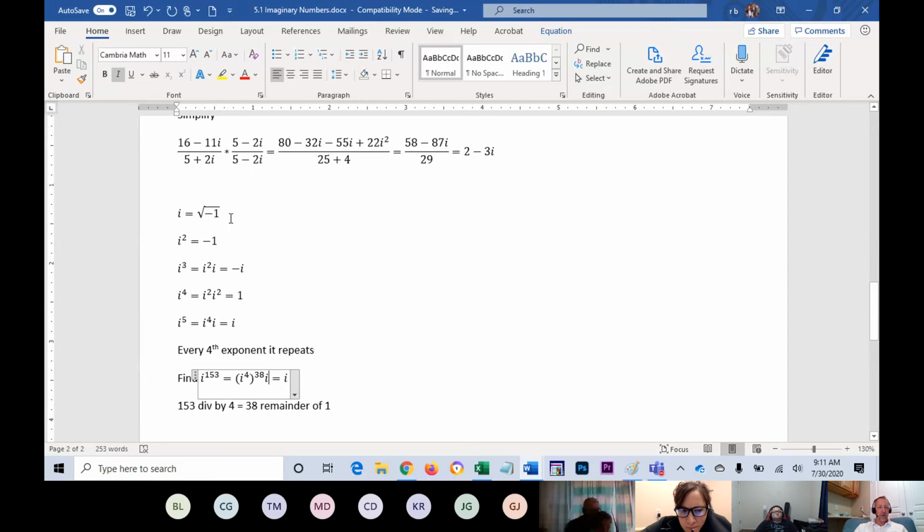And of course, i to the 1st power is just the square root of negative 1, or i. Okay, that makes sense. So this is the one. Maybe I'll highlight this in yellow because that's our favorite one. Because basically, i to the fourth is 1, so 1 to any power is still 1, and all you care about is the remainder.